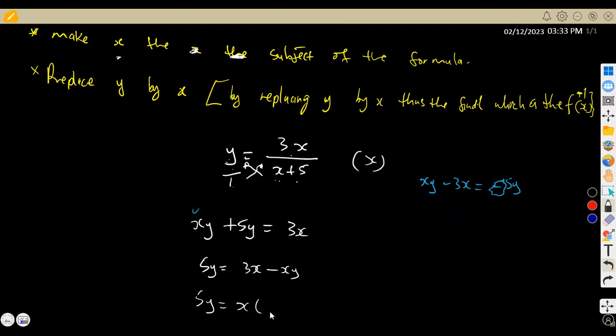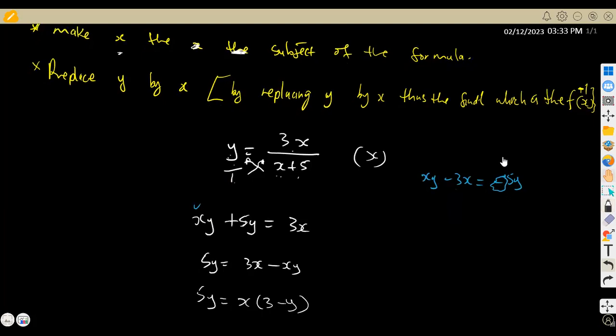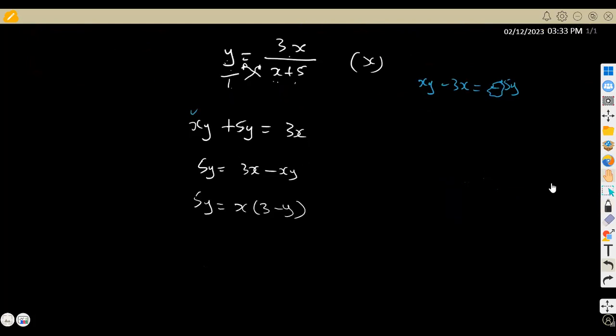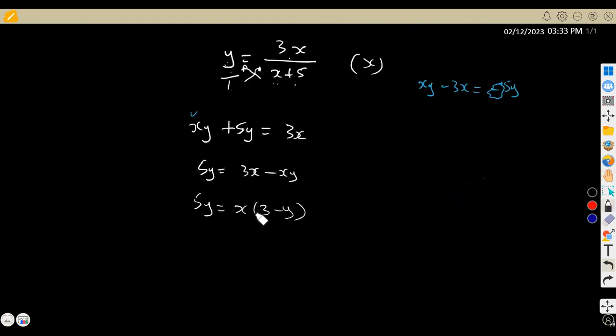That will be x times 3 minus y. Okay, so guys, from our O-level maths, we are going to divide by the bracket. Sorry, guys, that I keep repeating O-level maths, but I hope we understand we did this before.